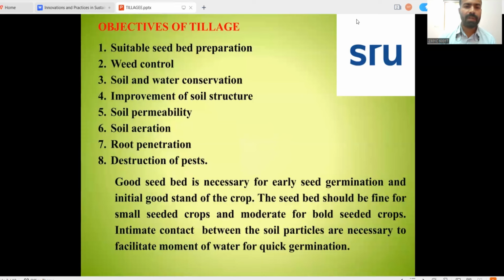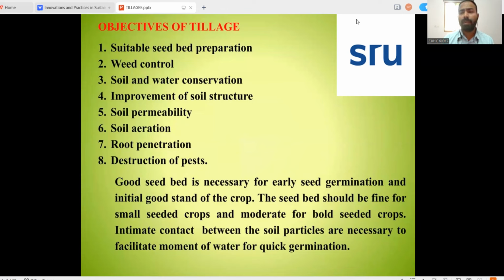A good seed bed is necessary for early germination and initial good stand of crop. The seedbed should be fine for small seeded crops and moderate for bold seeded crops. Intimate contact between soil particles is necessary to facilitate the movement of water for quick germination. What they have given here is that a good seedbed is necessary for early germination. Why?